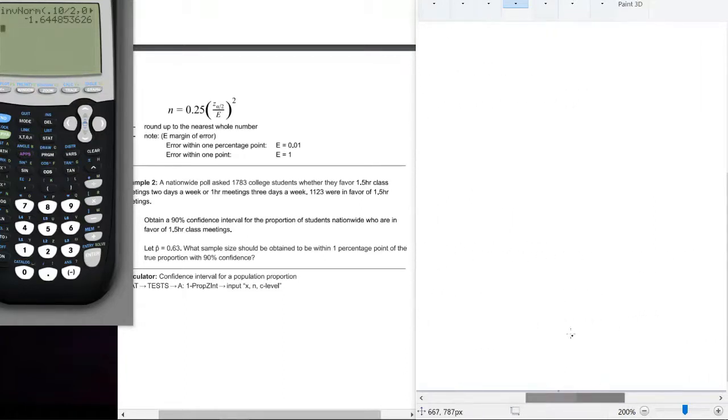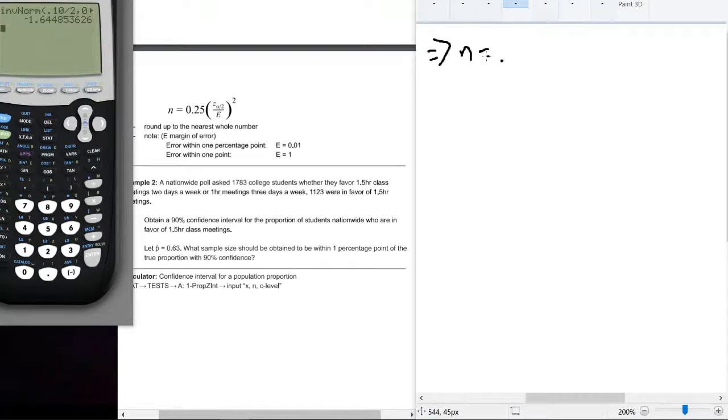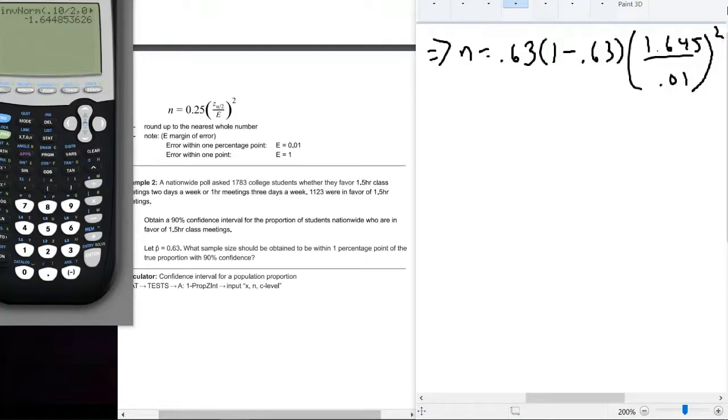So we have n equal to p hat times 1 minus p hat, and then we need z alpha over 2 divided by the margin of error, and then we need to square. So let's take the calculator and find the estimated sample size needed.